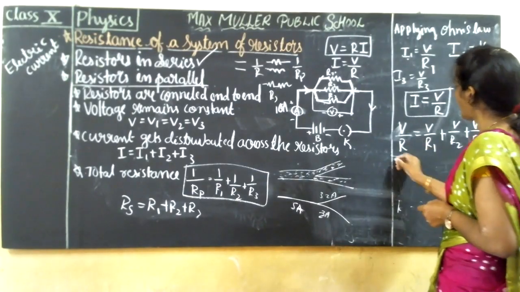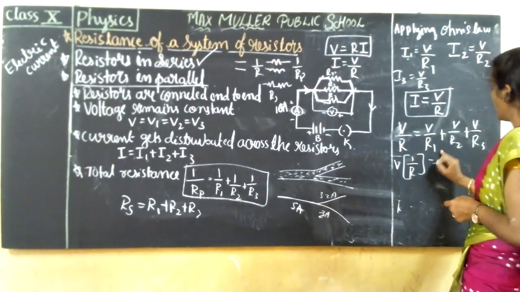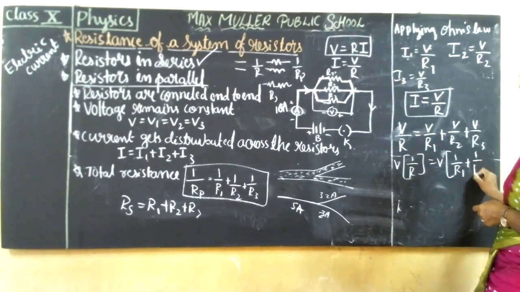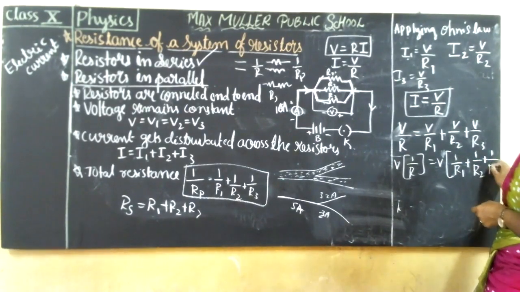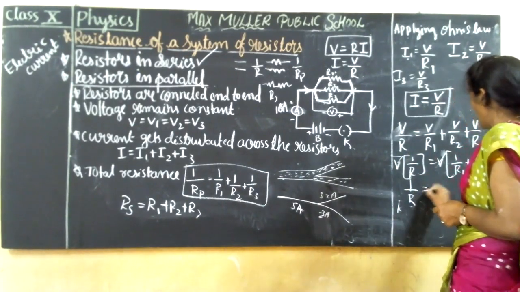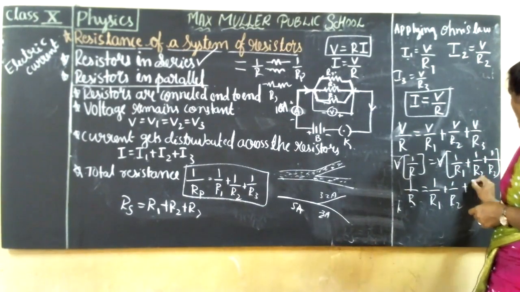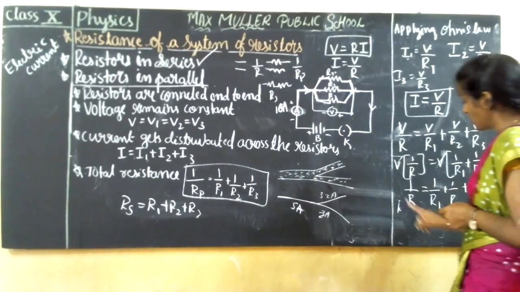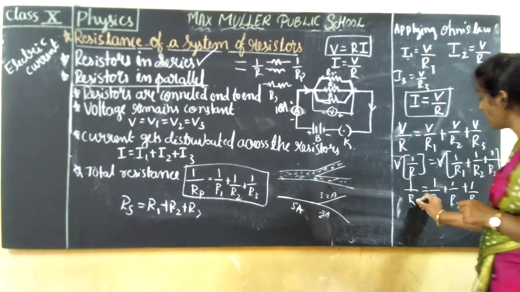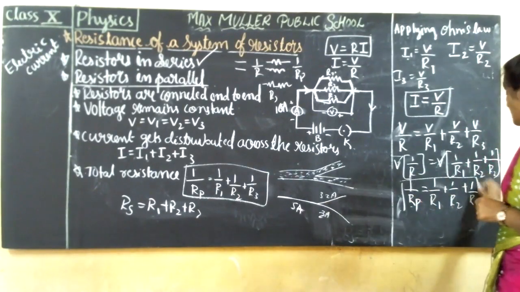So we take V common from both sides, guys. What will be remaining here? 1 by R is equal to 1 by R1 plus 1 by R2 plus 1 by R3, because V cancels. Since these are connected in parallel, we write this as 1 by Rp.